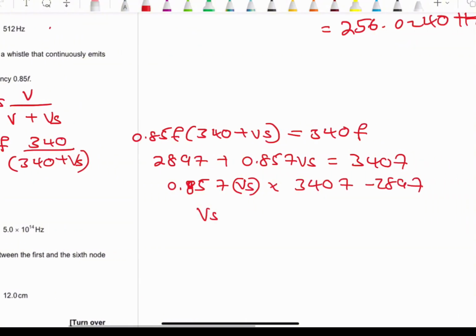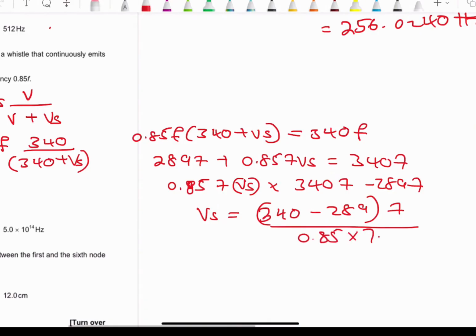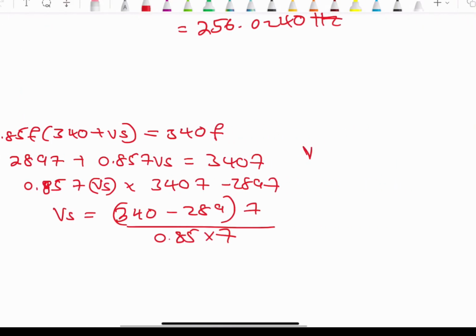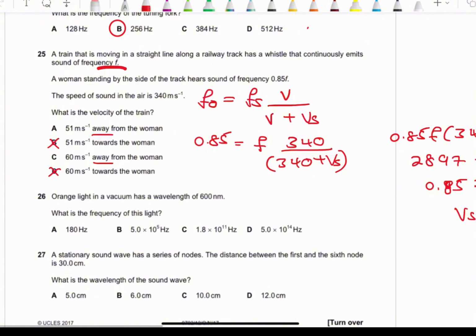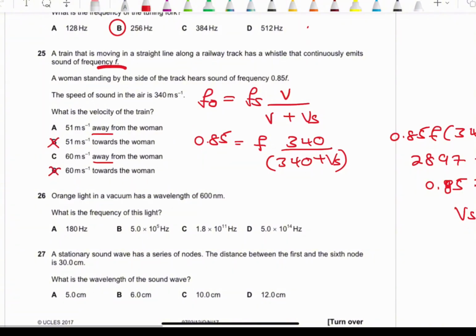So Vs is basically going to be 340 minus 289, multiplied by F, divided by 0.85 multiplied by F. So your value of Vs is just 340 minus 289, divided by 0.85. That's going to give you a value of about 60. So it's going to be 60, but it's going to be away from the woman. So your answer is going to be C.